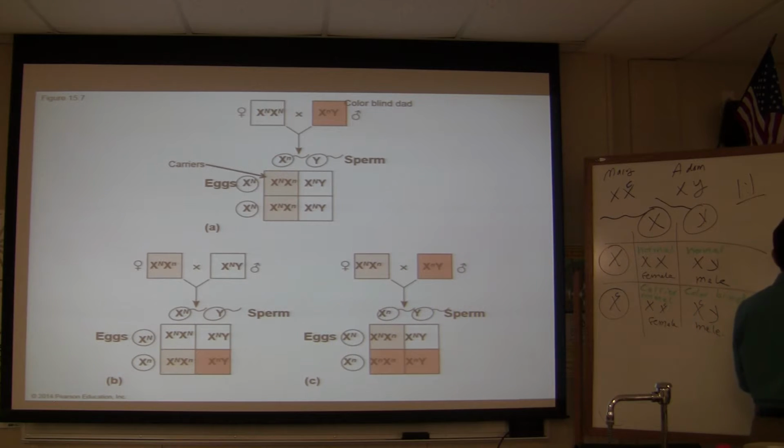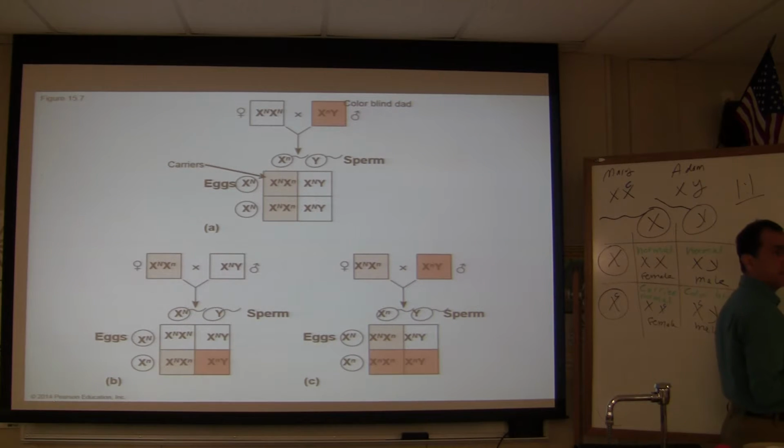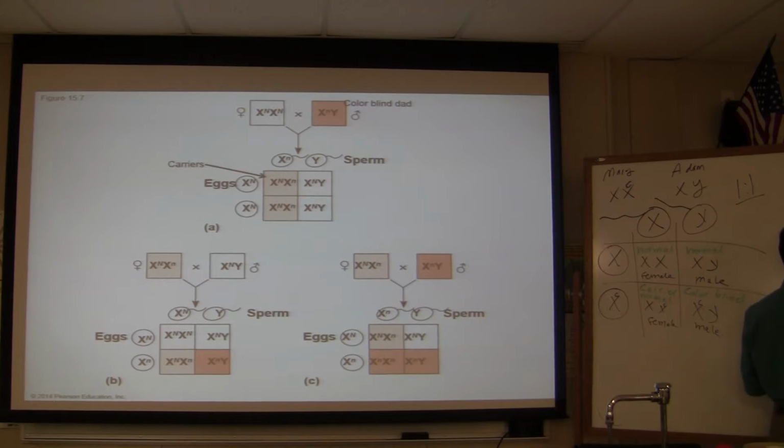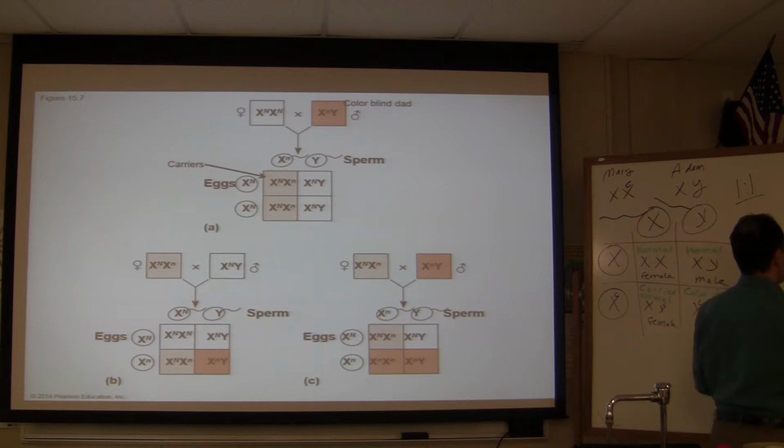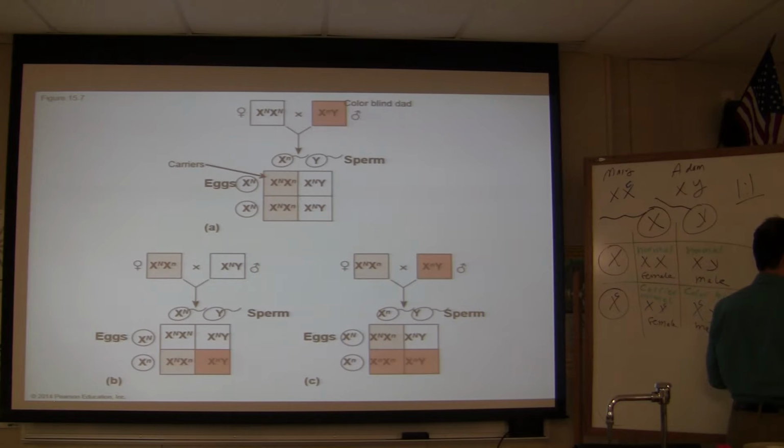Okay. Now they have another child. That child is a boy, right? Am I making some sense? What is that one? He's normal. He sees this one as red. Okay. Now they have a daughter. Most textbooks fail to mention this.